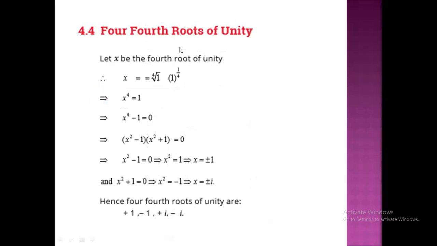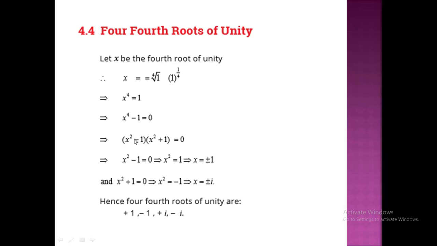Now next we have 4th root of unity. Let x be the 4th root of unity. x 4 is equal to 1. We move it to the left hand side, x 4 minus 1. We apply here the formula a square minus b square.